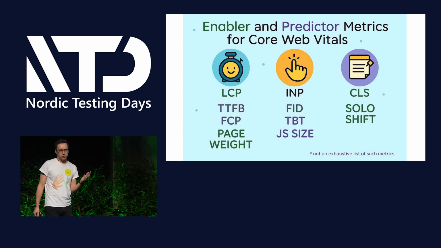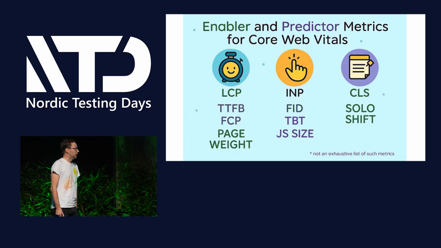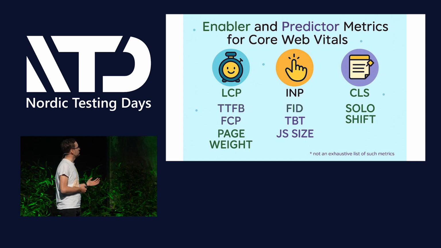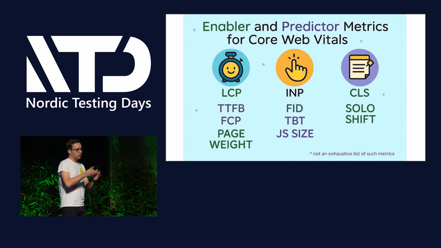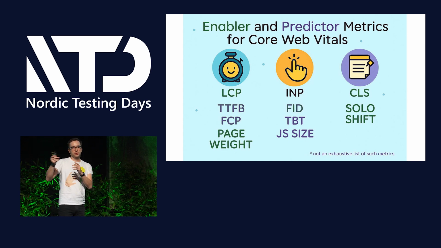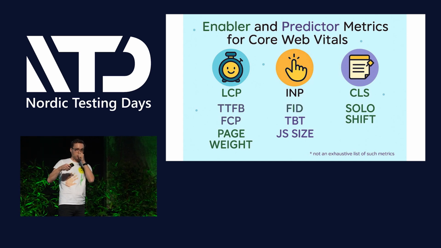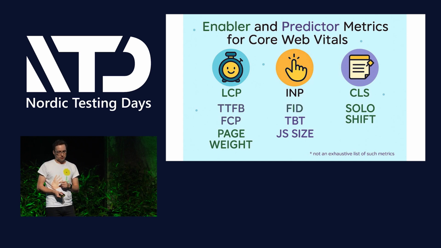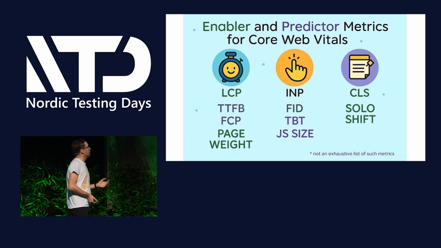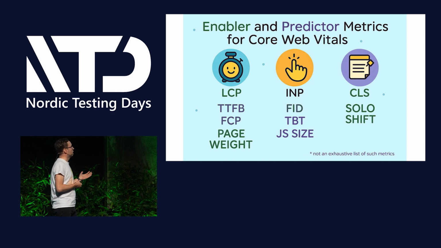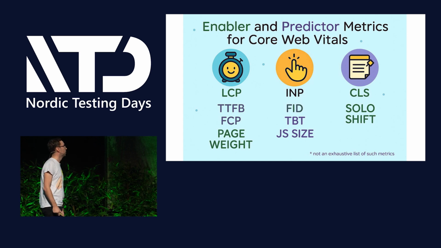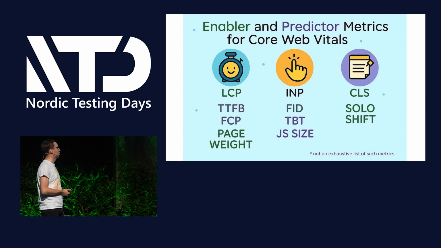These terms, I think, were coined by Harry Roberts. Time to first byte, for example, is the time it takes for the server to give you the first byte of the HTML document. This gives you a hint that if this time is really slow, then the LCP definitely can't be quicker than that, so it gives you a hint what to optimize for.